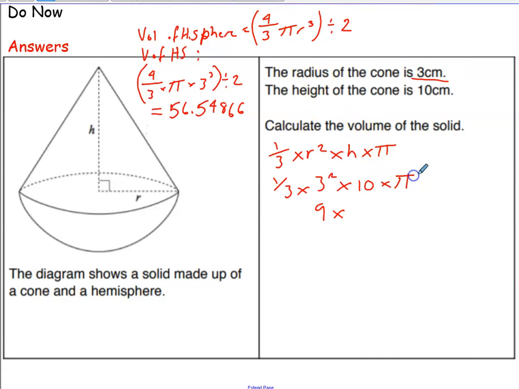Times pi times 10 times pi over 3, and then we know that would be 90 pi over 3. We could actually simplify that down because 90 divided by 3 is 30, so it gives us 30 pi, and then that would give us the volume of the cone as, I'll just enter that on my calculator.